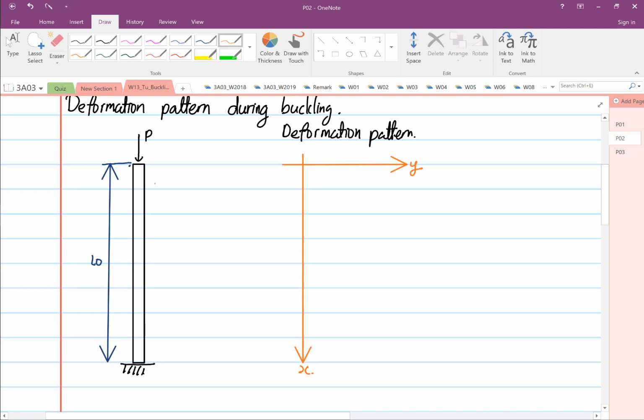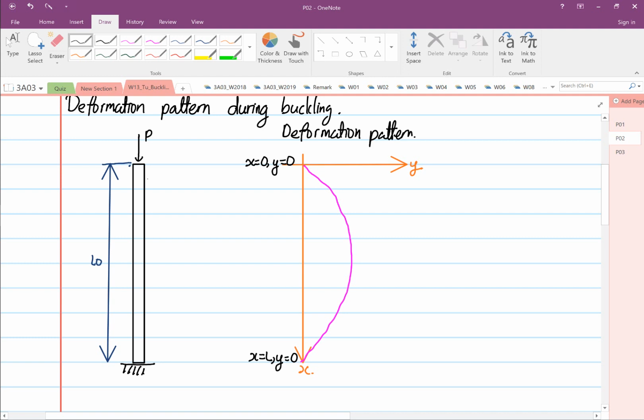So the deformation pattern, by looking at the neutral axis of the structure, is this. At the top point, where x is equal to 0, y is also equal to 0, and where x is equal to L, y is equal to 0.